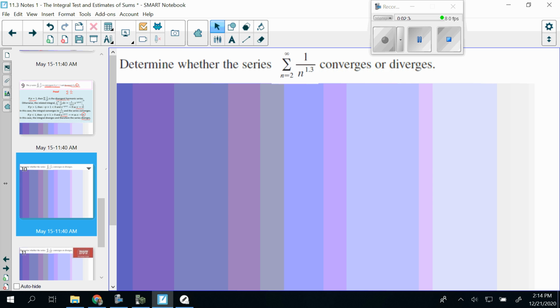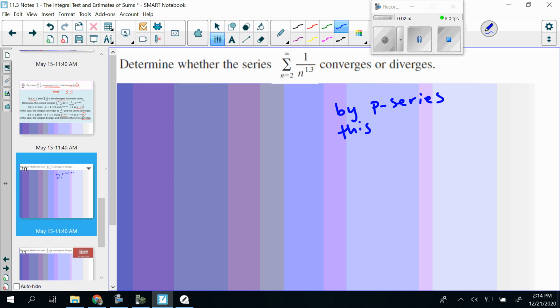Determine whether this converges or diverges. In this case, you can simply say this is a p series, and our power here is 1.3. So what we're going to say is by p series, this particular series is going to converge, and the reason would be our power here of 1.3 is greater than 1.